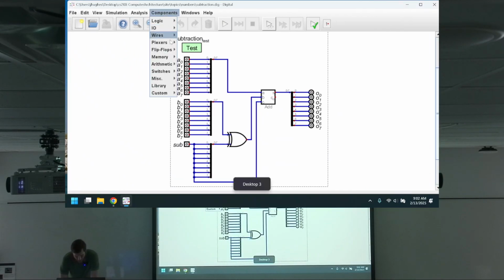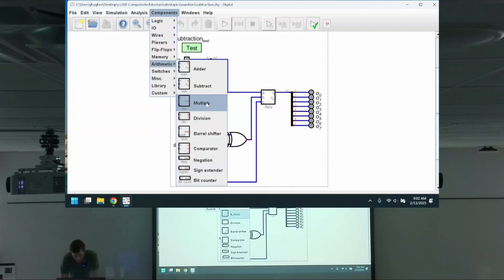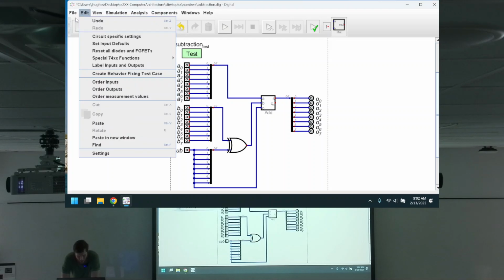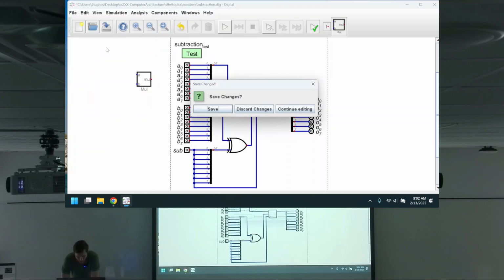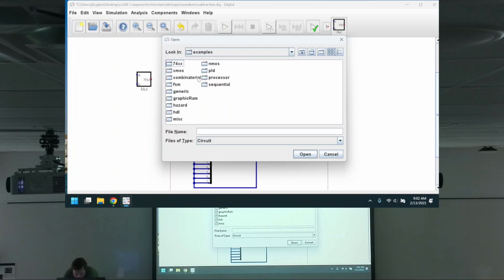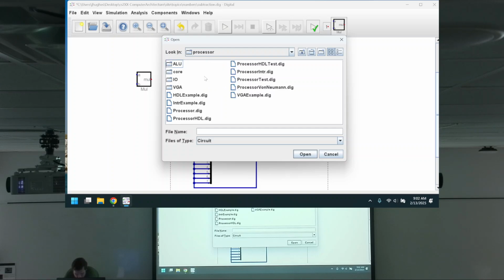Because we have a multiply component, what's going on there? So can we open? Where would we find a processor? Maybe processor?